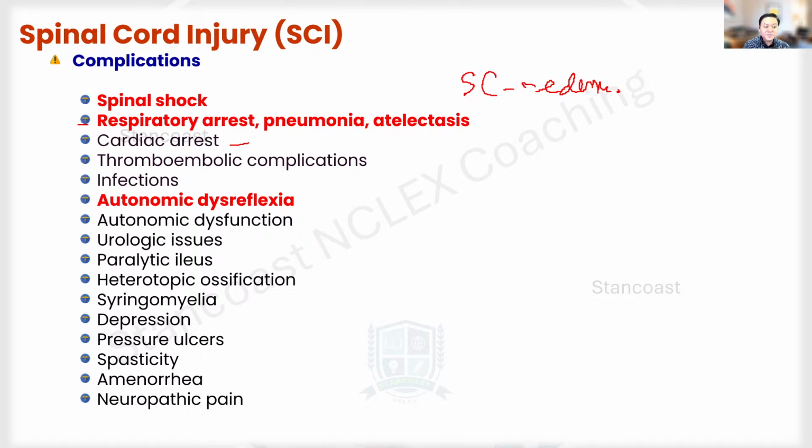Now, another set of complications here is the thromboembolic complications. I haven't seen many questions regarding the thromboembolic complications in the reviewers. Not so much.